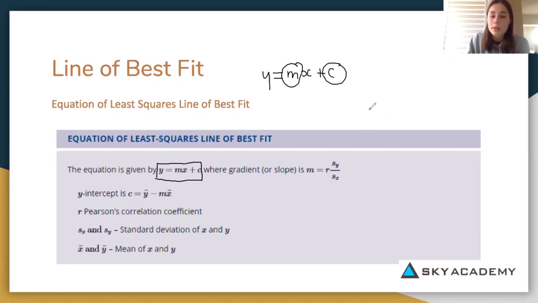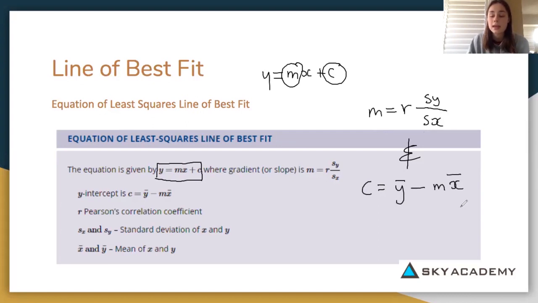We have m equals Pearson's correlation coefficient times the standard deviation of y over the standard deviation of x. And we have our second formula for c, or the y-intercept, which is the mean of y minus m times the mean of x.